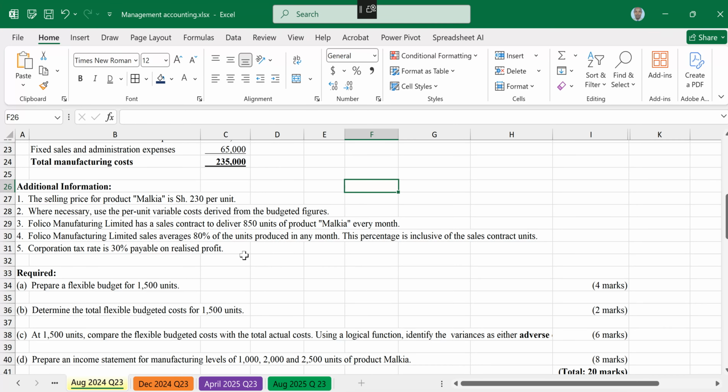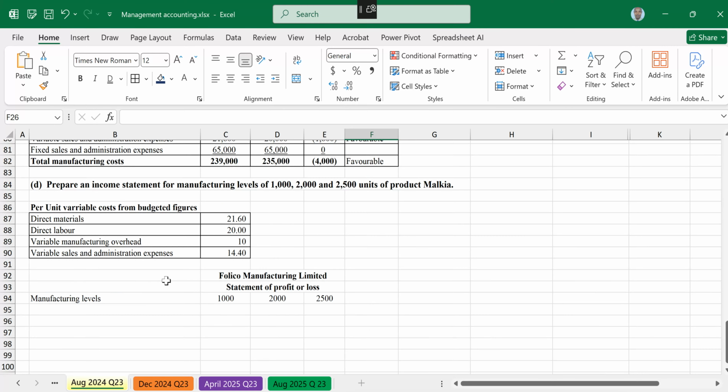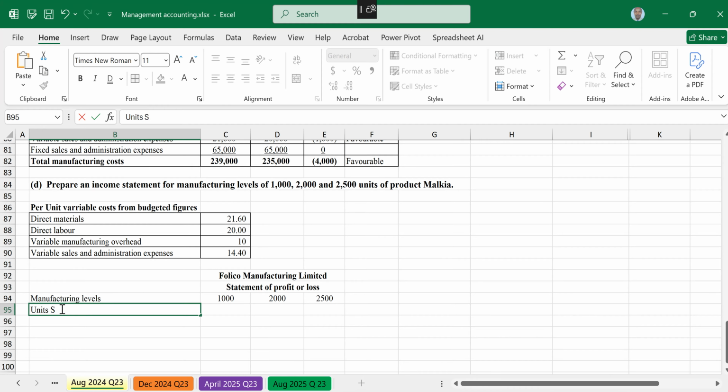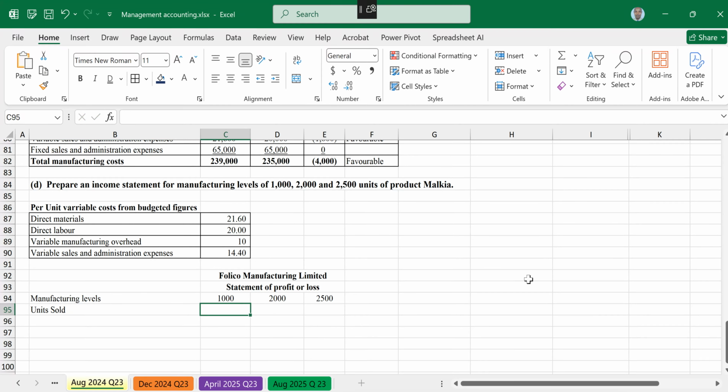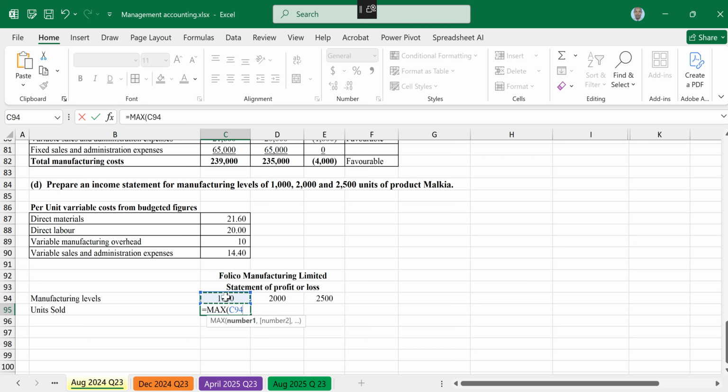Now, units sold. There's a formula that we bring in. Equal sign, MAX, then click on 1000 times 80%.